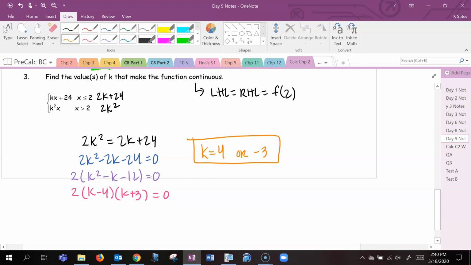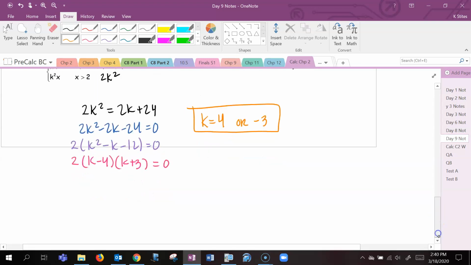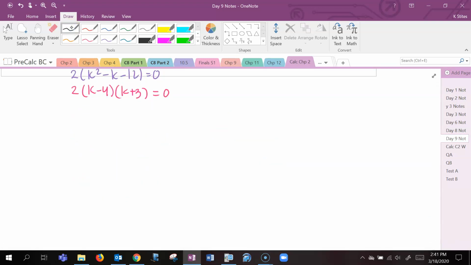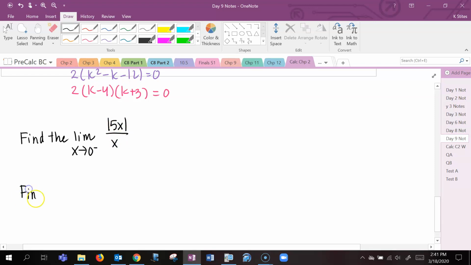Okay, so the last thing we're going to do is I'm going to show you how to find the limit as x approaches 0 from the left of the absolute value of 5x over x, and to find the limit as x approaches 0 from the right.